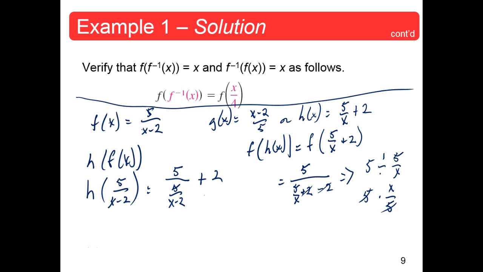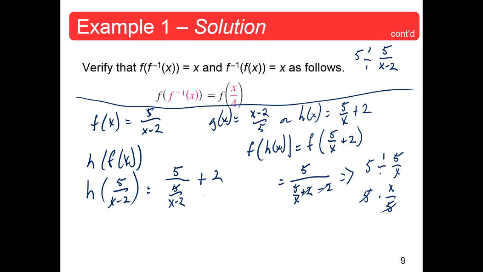Because of please excuse my dear Aunt Sally, we've got to do our division before we do our addition. So let's do that, similar to what we did before. Over here on our scratch side, that would be 5 divided by 5 over x minus 2.